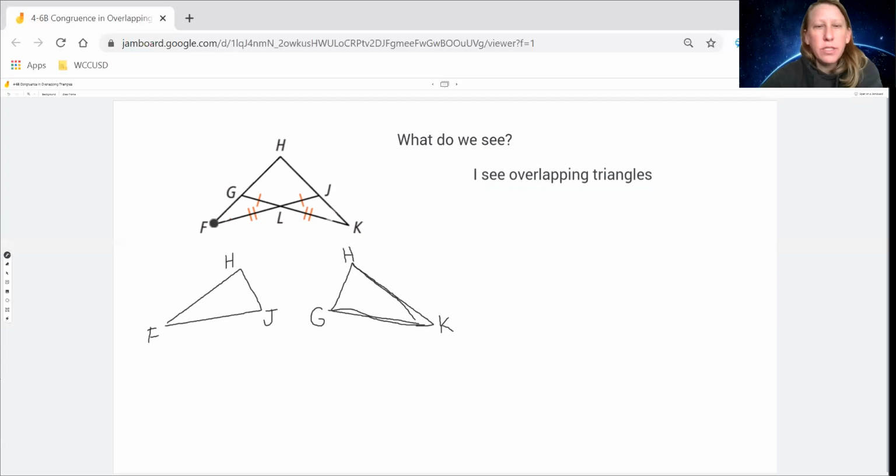Okay. Now let's bring our markings with it. So we had 2 marks from F to L, and then we had 1 more mark from L to J. And same on this side, we had 2 marks from K to L, and then we had another mark to G. What else do we have here?